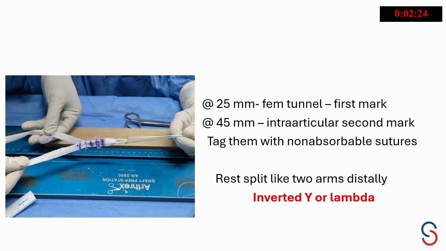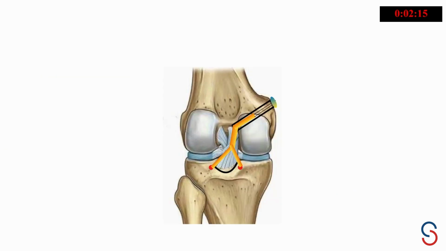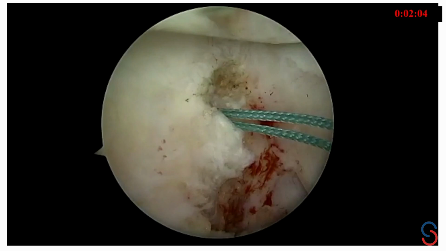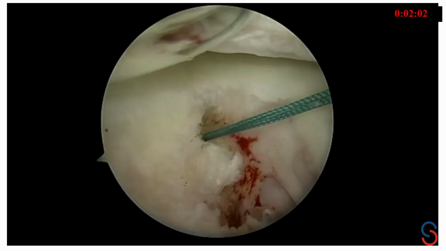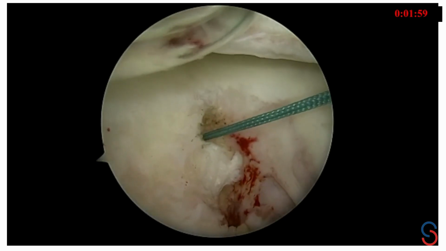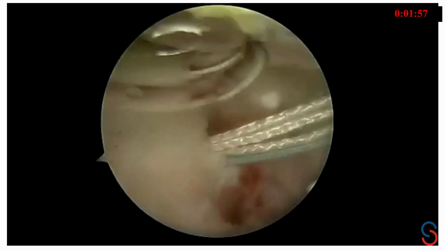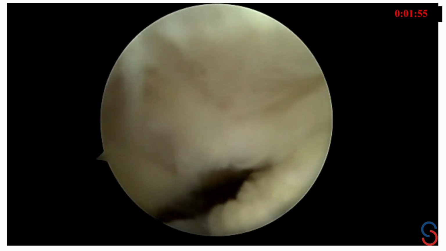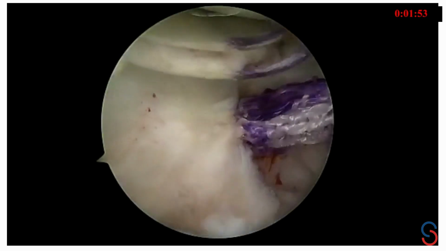The third part, which is free, is like a slip with two limbs, like a Y configuration or a reverse lambda, and is going to sit over the footprint of your PCL and over your bone fragment, indirectly buttressing and reducing your PCL fragment into the tunnels.